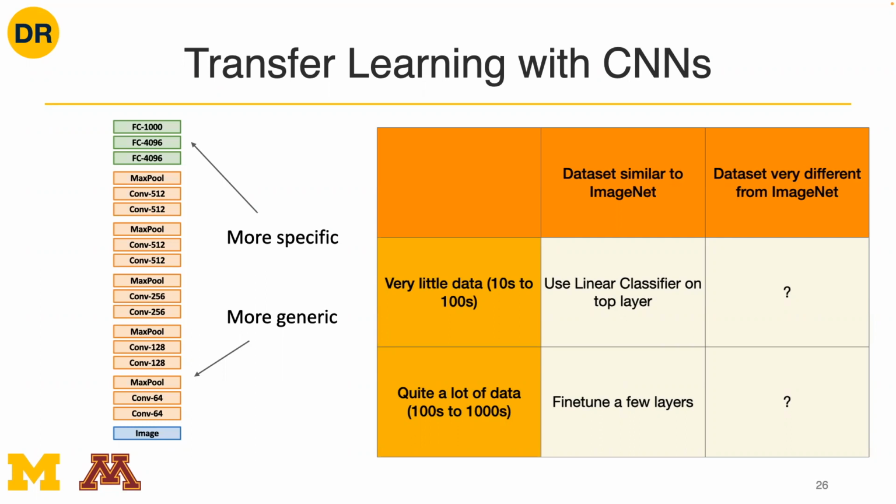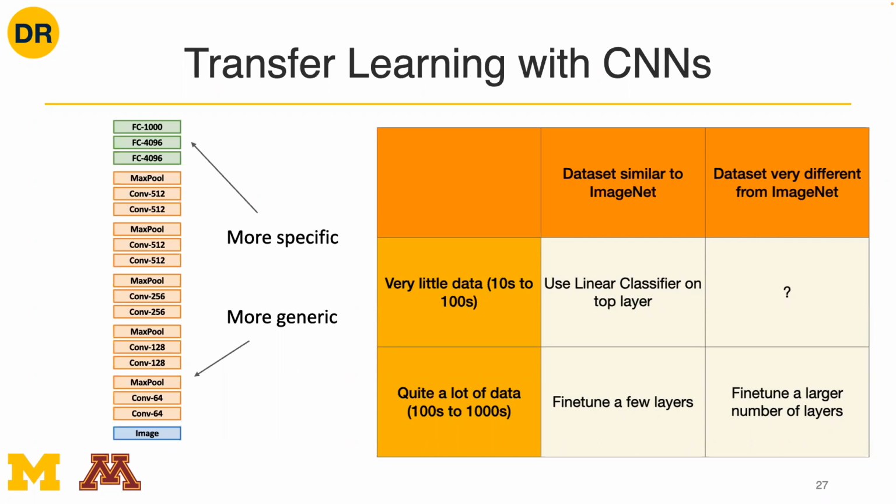Now, let's say you have large amounts of data, but your data is different from what we see in the ImageNet dataset. For instance, let's say it is a 3D imaging or medical imaging task. Then I think it is better to fine tune a large number of layers. That is, you actually look into the lower layers as well in your fine tuning process.